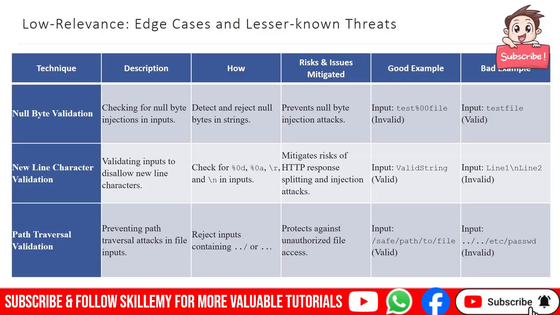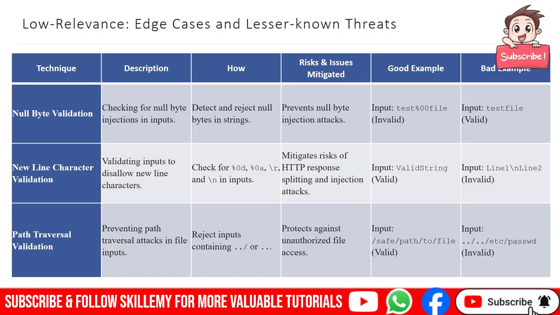For example, an input like line1\n line2 contains new line characters, making it invalid and susceptible to attacks that could alter response formatting or allow for content injection. In contrast, a valid string like "valid string", free from such characters, passes the validation check and contributes to the overall security of the application.